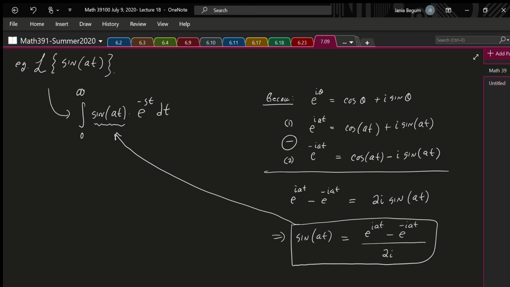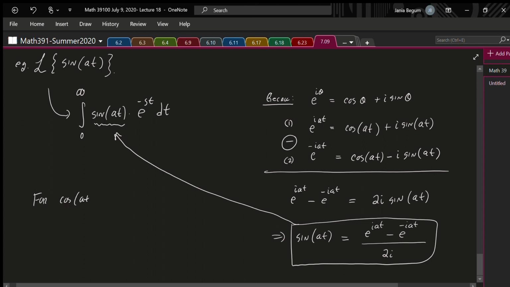For cosine, you'll add the two identities. So check this out. What if you want to solve for cosine at? We're using these exponential definitions. If I want to solve for cosine, we'll be adding the two formulas. Again, you don't want to use by parts when you're integrating, so you'll do 1 plus 2, referring to the formulas on the right.